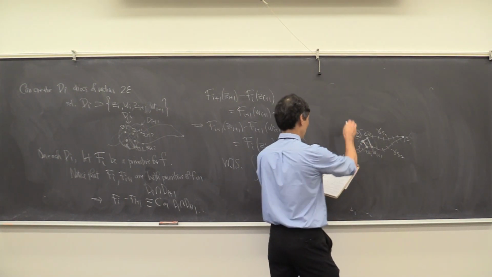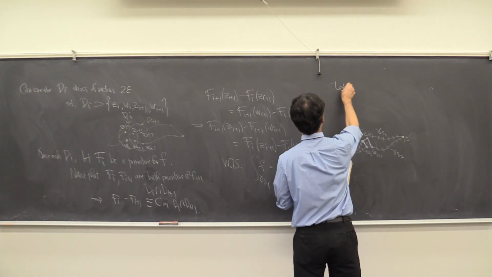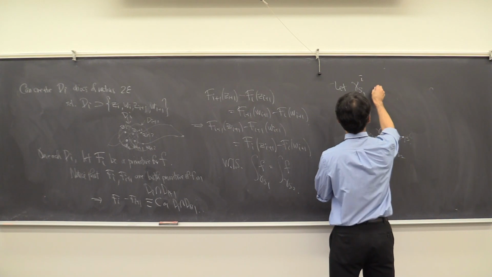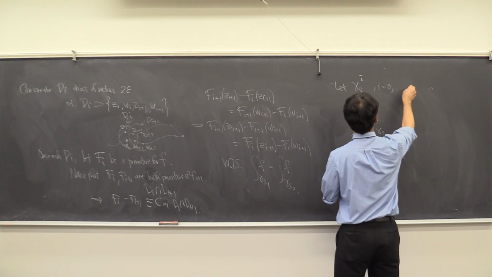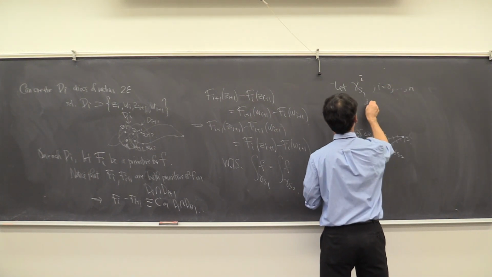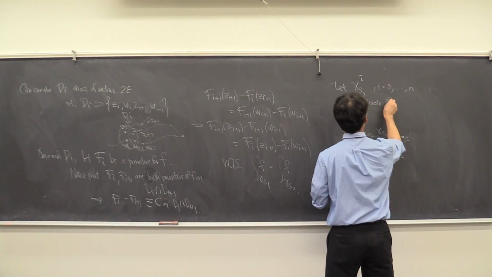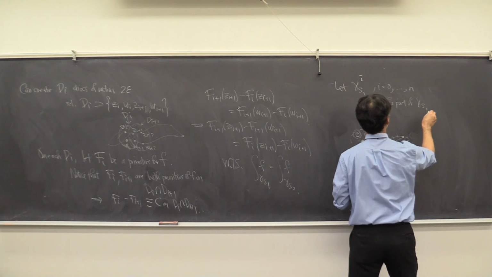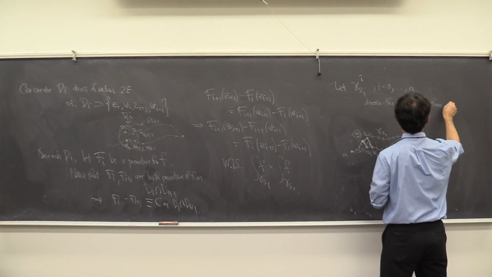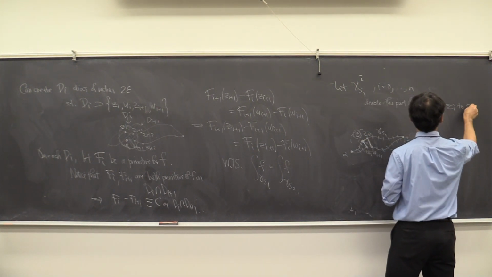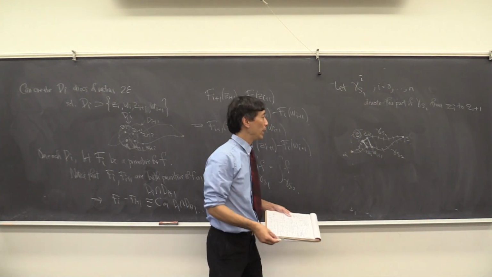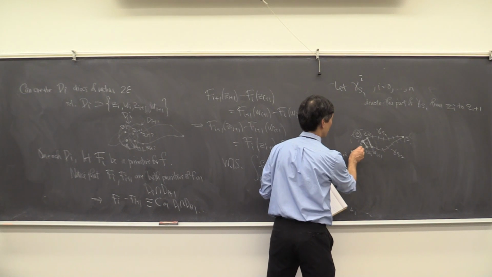Let gamma S sub 1 super i, from i equals 0 to n, denote the part of gamma S1 from z sub i to z sub i plus 1. So we break it into pieces.